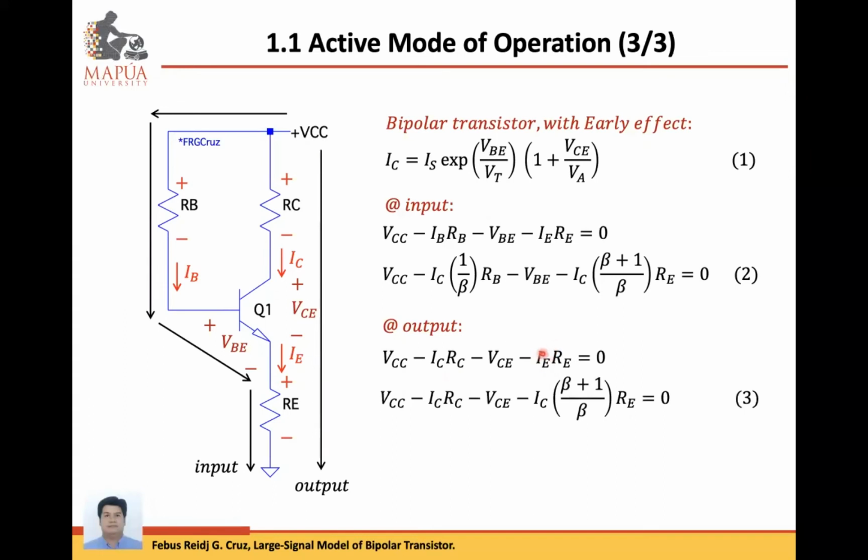Then again, we can express IE in terms of IC. So from equations 1, 2, and 3, we use these three equations to determine VBE, IC, and VCE. So all we need is to use our algebra equations. Okay, nasundan ba? Please confirm. Yes po, sir. All right, thank you.